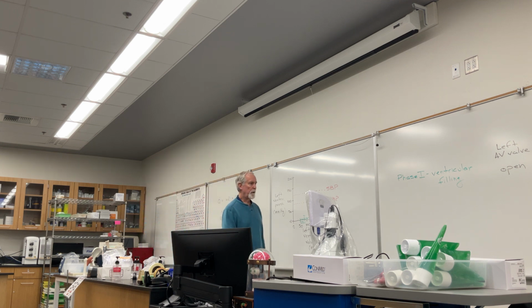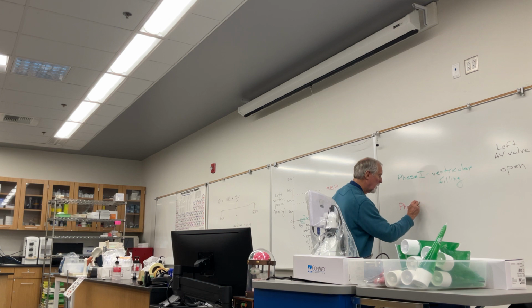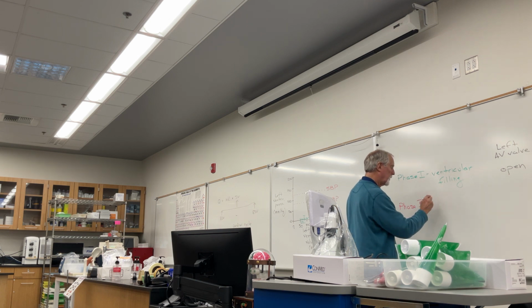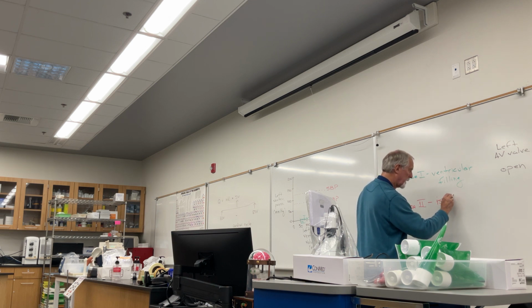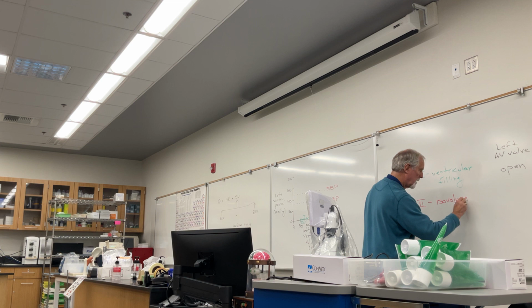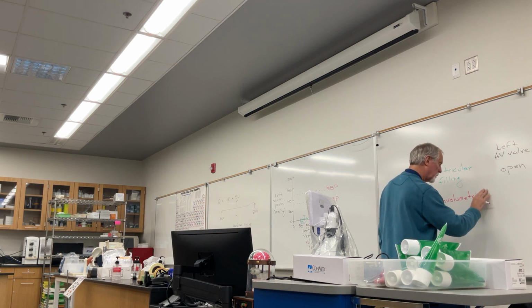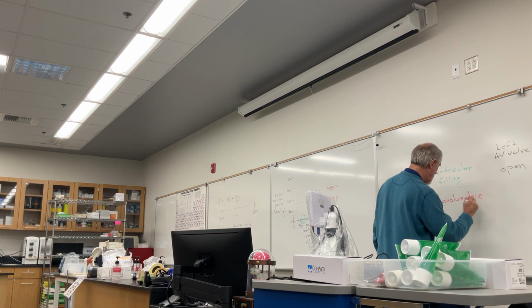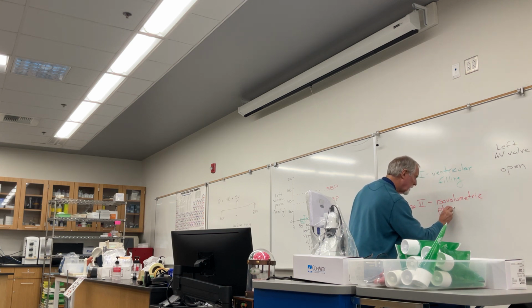Hence, we refer to this as phase 2 of the pressure volume diagram. And this is known as the isovolumetric phase of systole.